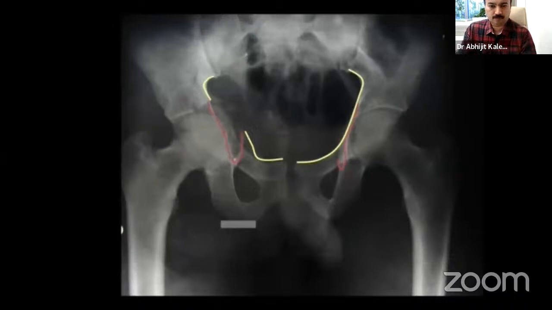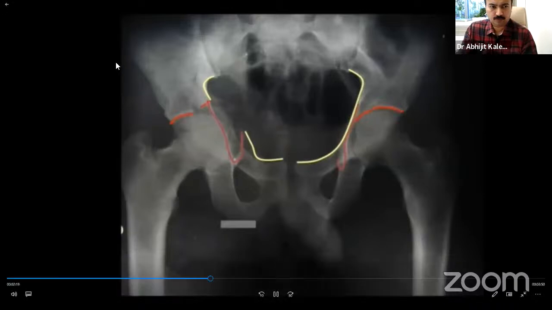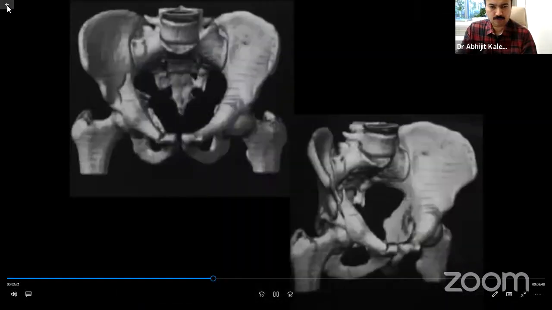In this example of low anterior column fracture with joint impaction and disruption of the quadrilateral plate, which caused the central dislocation.